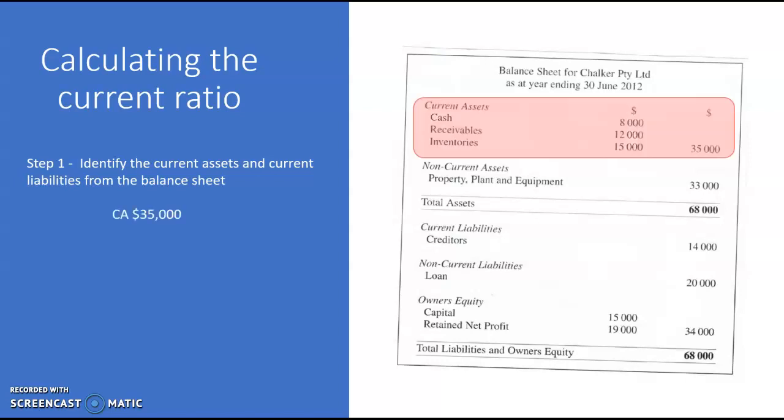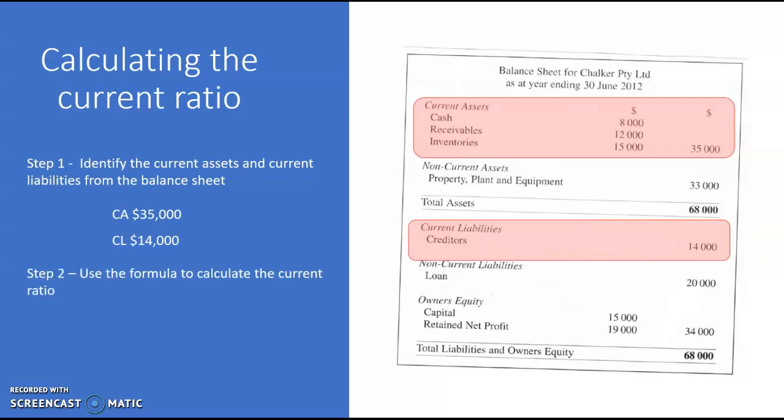So here they're telling us we've got $35,000 in current assets, and they're telling us that we've got $14,000 in current liabilities. So all we do is put it into the formula. We know that it's current assets over current liabilities, so it's 35,000 over 14,000, giving us a current ratio of 2.5 to 1. Or $2.50 of current assets for every dollar of current liabilities.